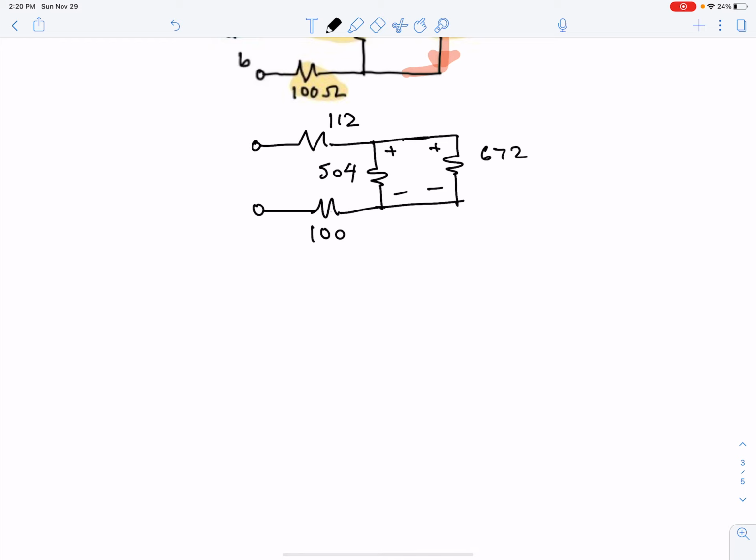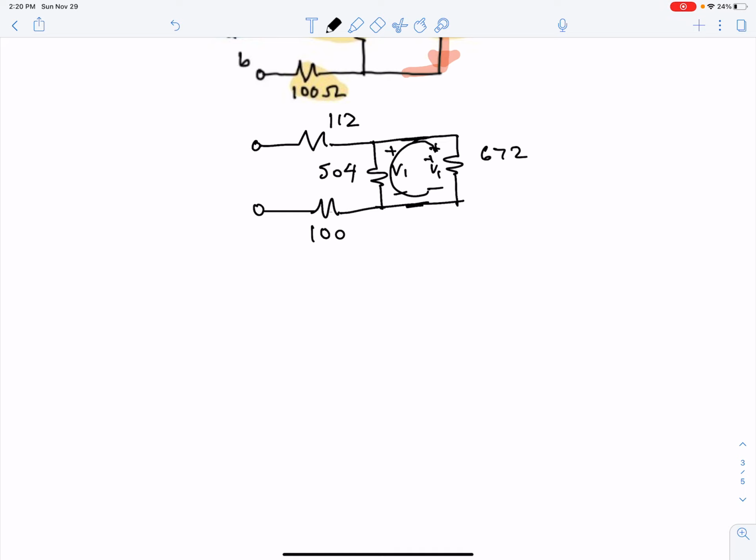There's only a wire here at the top, so there's no voltage drop. If you wrote a loop, this voltage V1 would be equal to this voltage V1. It's the same voltage, so that means 504 and 672 are in parallel.